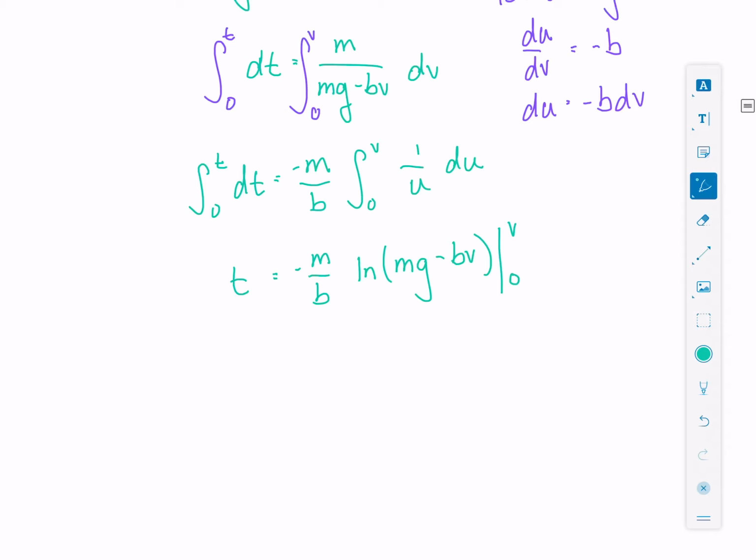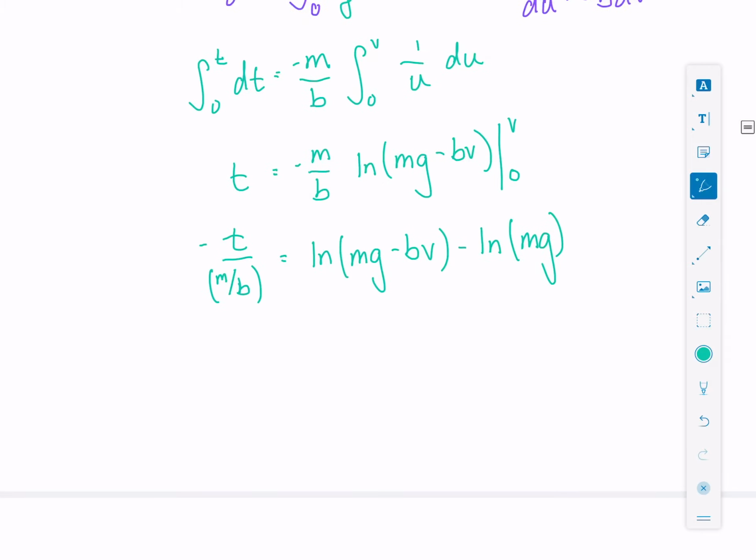All right, let's put the m over b on the other side so it's out of the way while we evaluate this integral. So we have negative t over m over b is going to equal, so I have to plug in v, so I have ln of mg minus bv, minus what we get when we plug in 0, ln of mg minus 0.